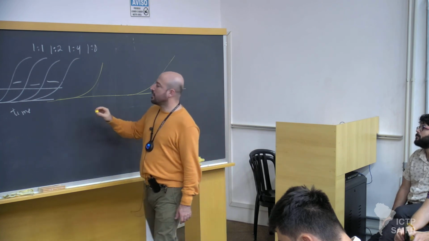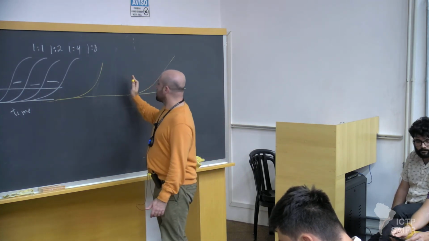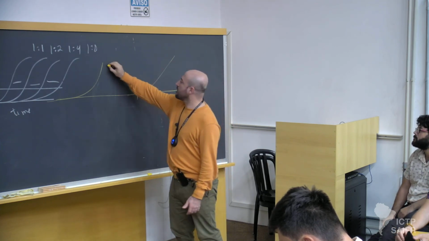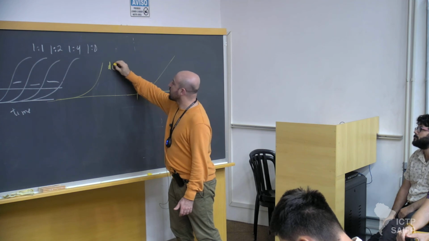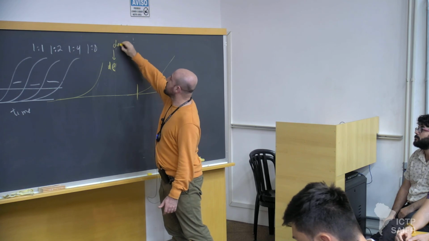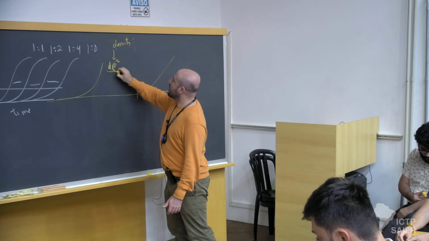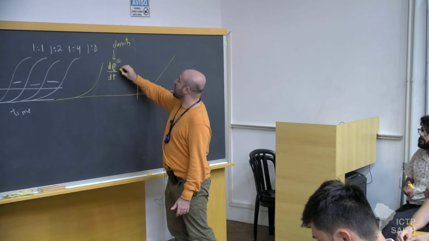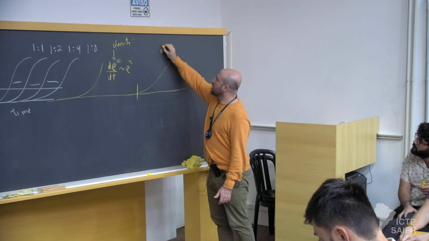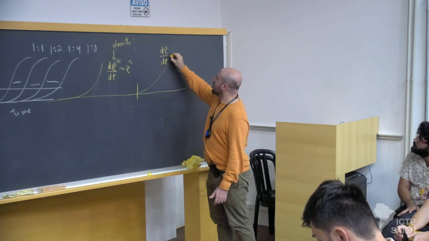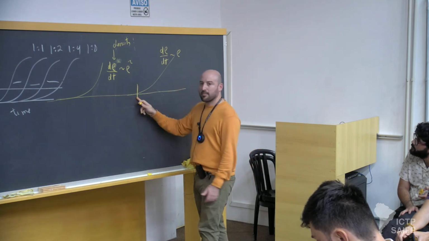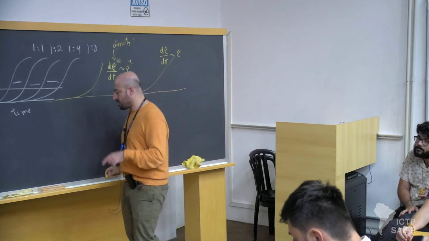And the reason is that in those cases the first part of the growth is proportional to the density of cells squared, whereas here it's just exponential growth. So this takes a really long time because it's quadratic.